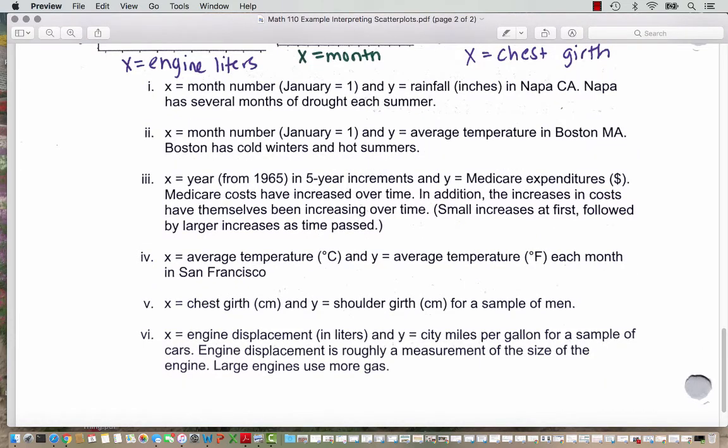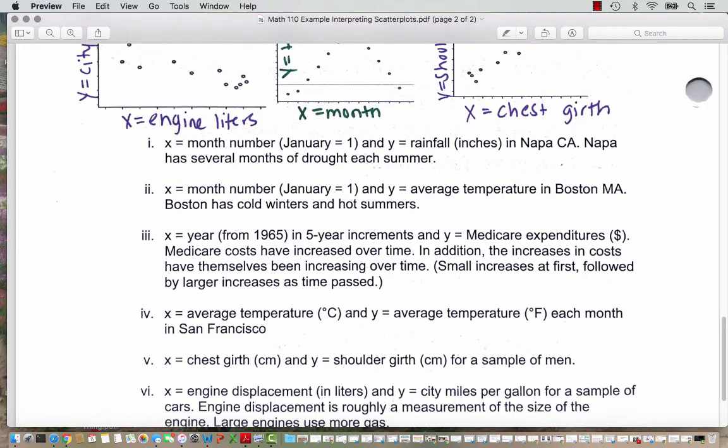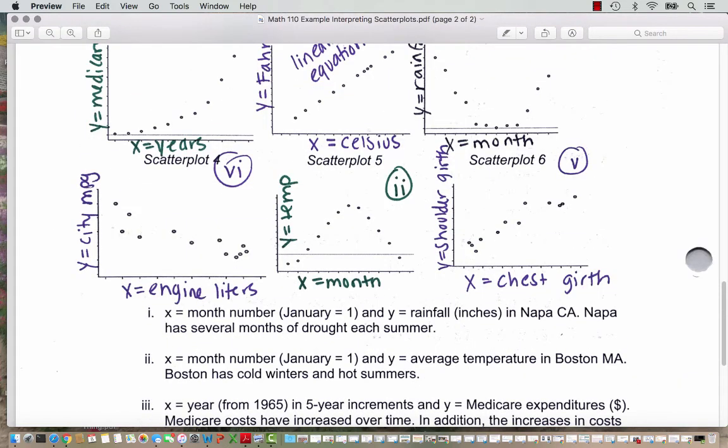So as the x value gets larger, as the engine displacement increases, we are looking for a scenario where the city miles per gallon are going to decrease because we're going to take more gas to run this larger engine. So Scatterplot 4 is our match for this scenario because it's got a negative association here. So we measure x as the engine liters and y as the city miles per gallon.